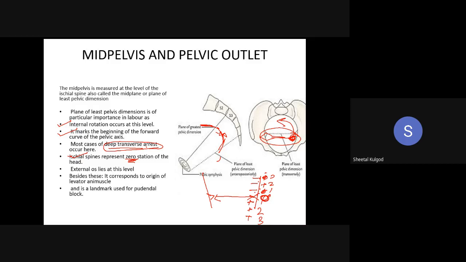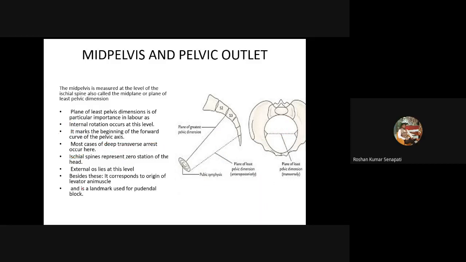So mainly the station is used to define the position of the presenting part of the fetus in relation to the pelvis, to denote how much is the descent of the presenting part. Understood? So zero station is at the level of the ischial spines. Anything above it in centimeters is -1, -2, -3, and below it is +1, +2, and +3. Understood?